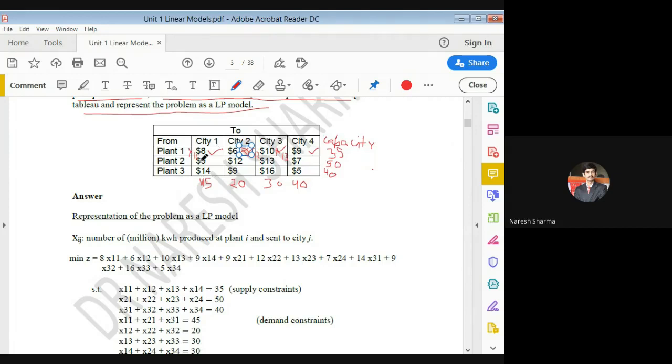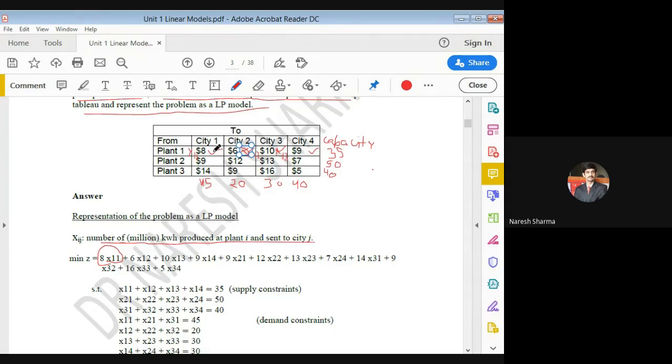Similarly, X21, 22, 23 and 24, and similarly 31, 32, 33 and 34 units we supply from the plants to the cities. So if you supply X11 units, the cost of X11 units is the number of millions of kilowatt-hours produced at plant i and sent to city j.